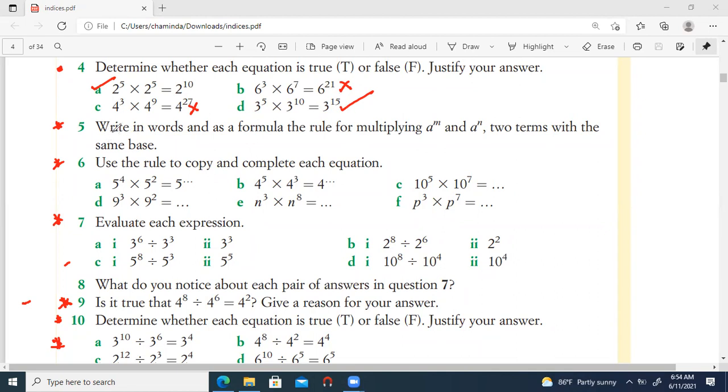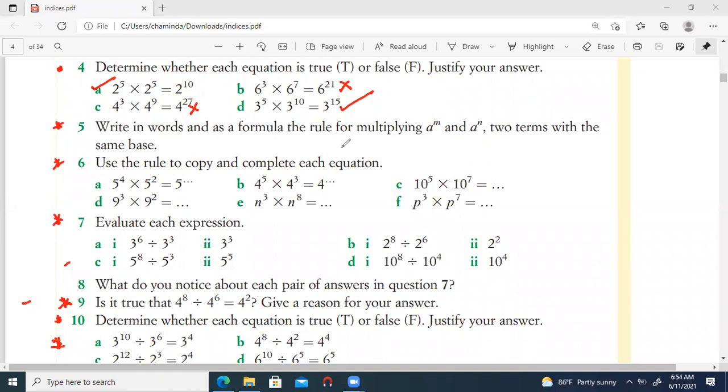Okay, question number 5. Write in words and as a formula the rule for multiplying a to the power m by a to the power n. Write two terms with the same base.